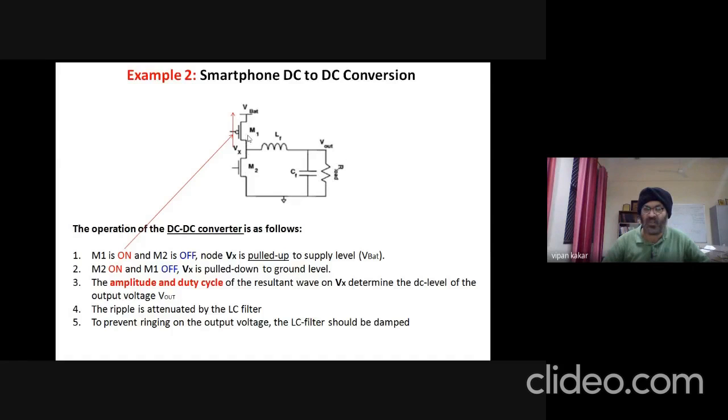So just by changing this, which is called duty cycle, the on time and off time of these transistors, we can change the voltage levels. Details will follow when we do that, but this is the simple application you have to remember. Just by changing the turn on and turn off time of these transistors, we can change the voltage level. This is the basic essence of a DC to DC converter.